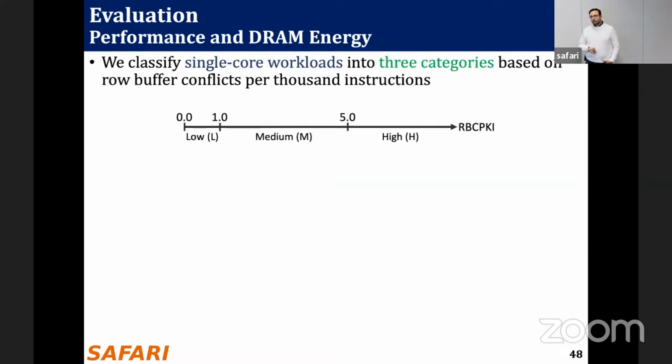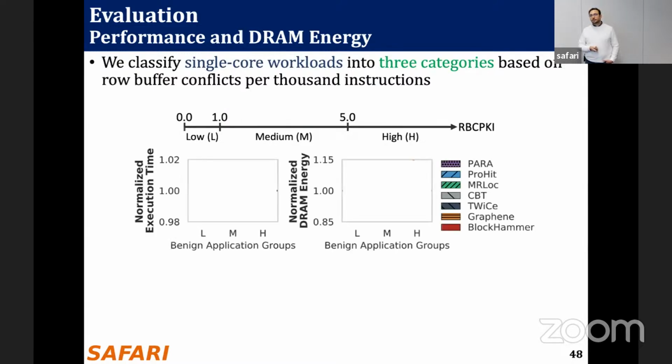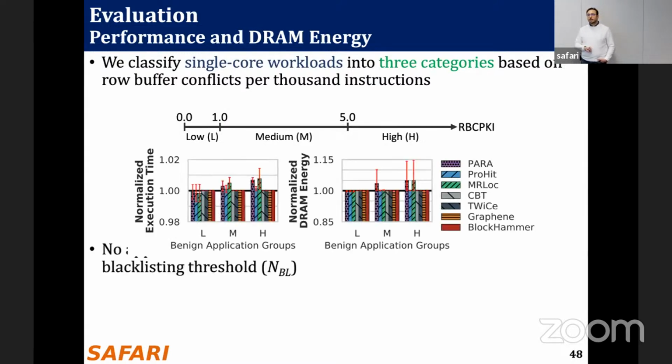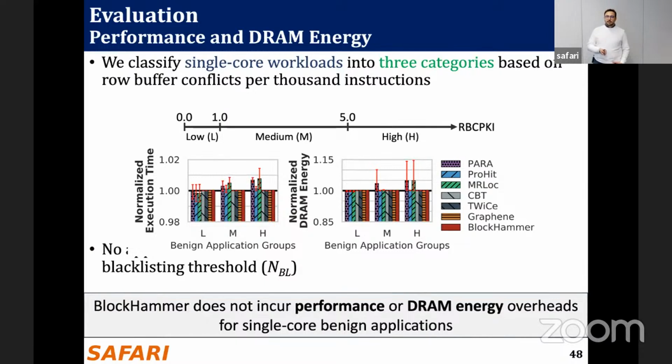First, when we look at the single-core results for benign applications, we see that BlockHammer does not incur performance or DRAM energy overheads for single-core applications, because their activation counts for a row do not reach the blacklisting threshold.